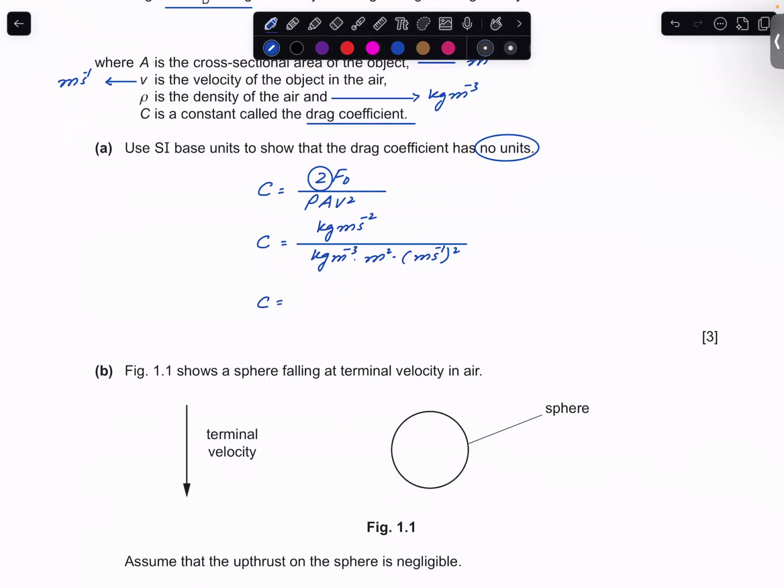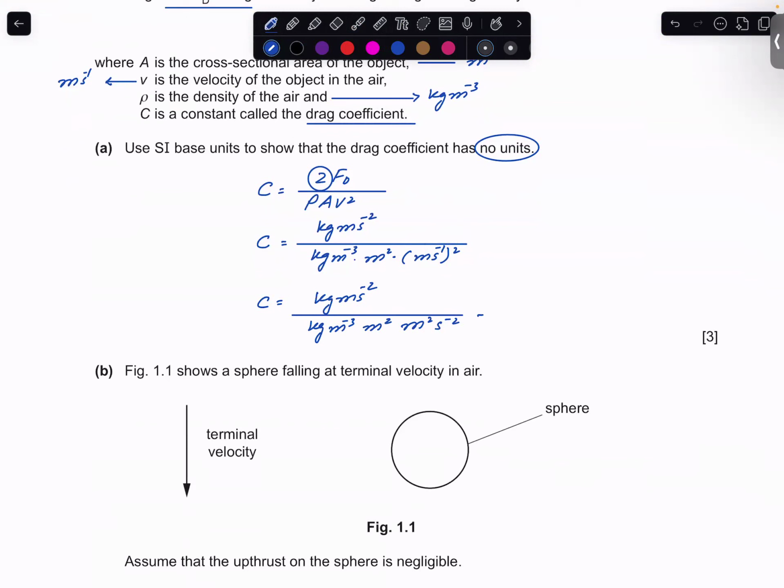So C will be equal to kilogram meter s power minus 2. Let me apply the power. I'm writing one extra step, kilogram m power minus 3 meter squared, and this power will be applied inside. If there is no power, the power is 1, so the power outside the bracket will be multiplied inside, so it will be m squared s power minus 2.